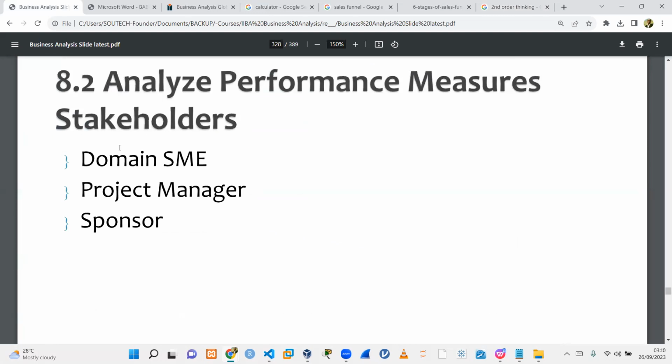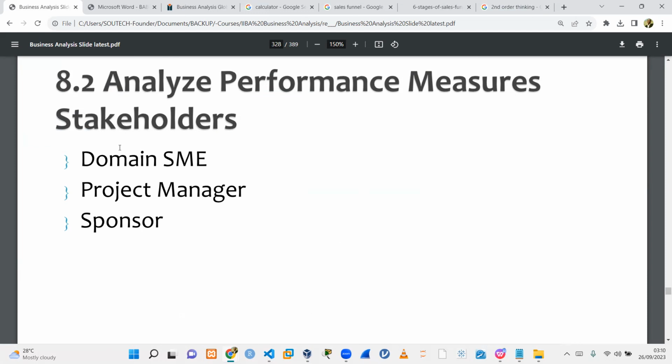Some of the stakeholders that can help you do this analysis are subject matter experts. That's why subject matter experts are known to look beyond the ordinary, because they've done several projects and worked in several roles. So without even taking actions, they know what is going to be the result. They understand what will be the likely impact of a particular solution, even if it is not the exact solution.